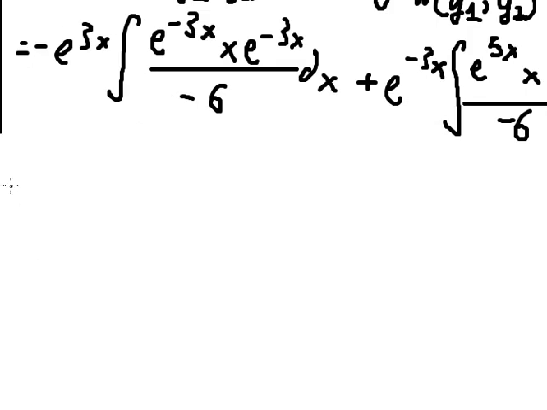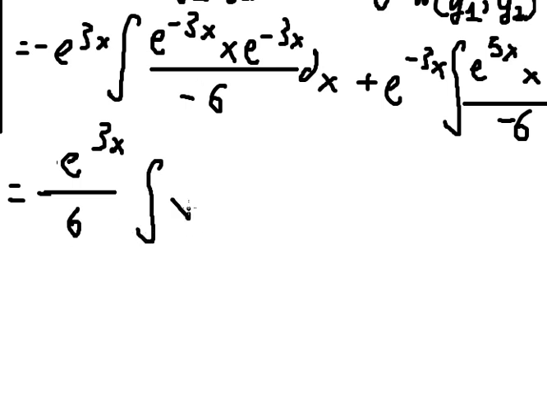So, in this situation, this one we put negative number 6 outside, so we have e to the power of 3s over number 6, because negative and negative cancel.